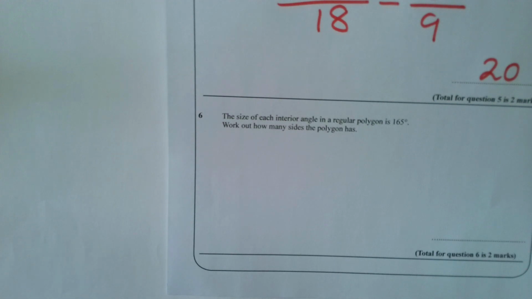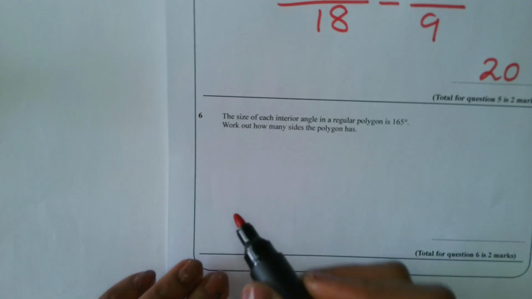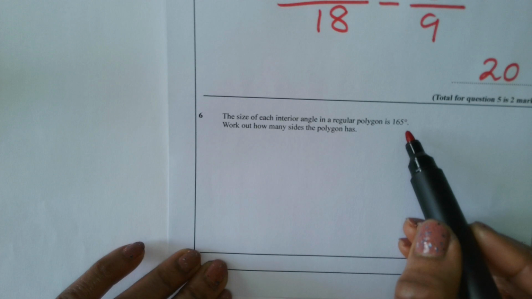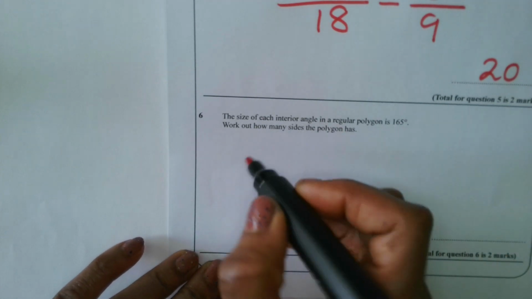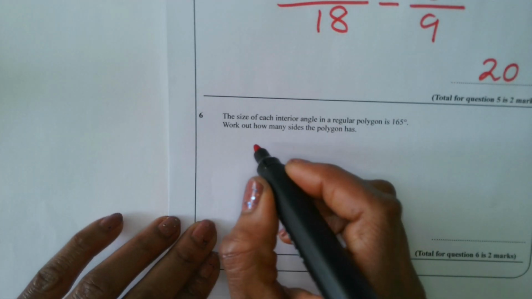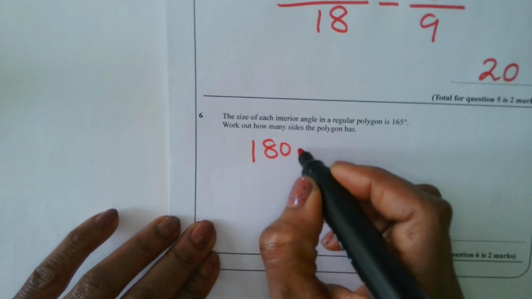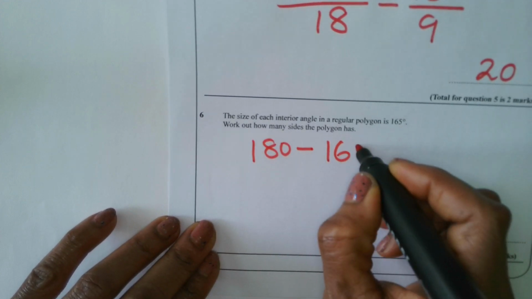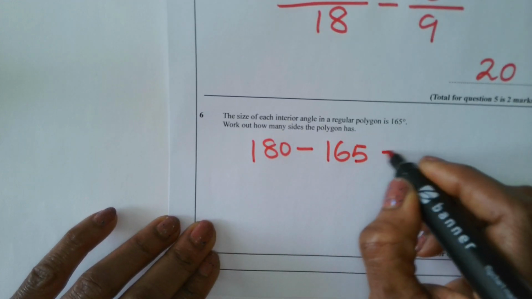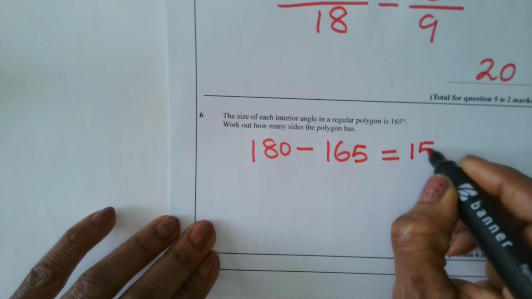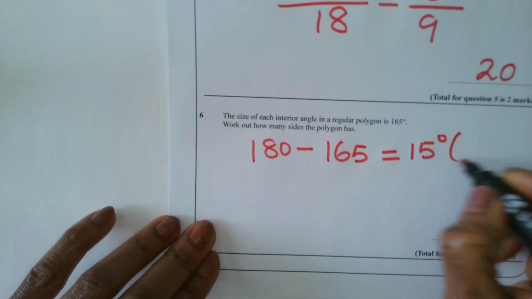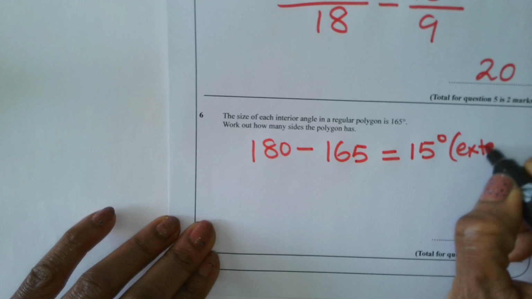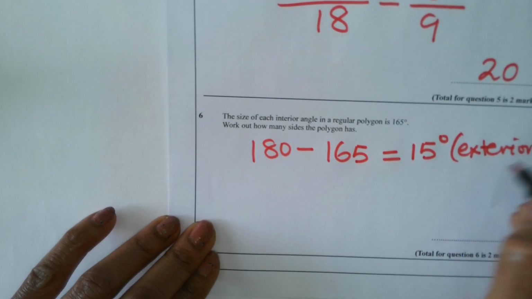So what we're going to do now is take 165 away from 180 to give us 15 degrees. So this is the exterior angle.